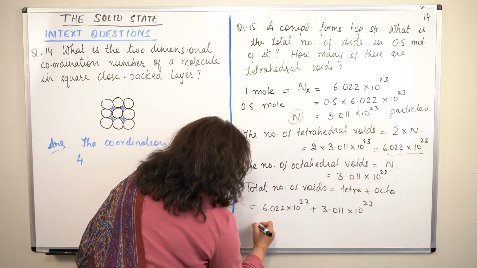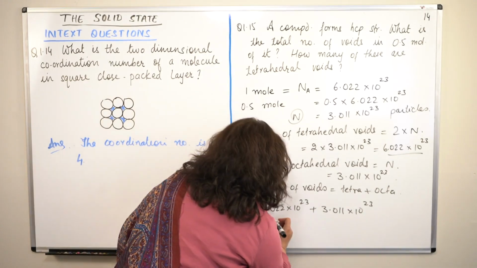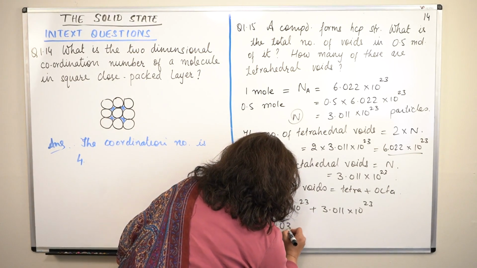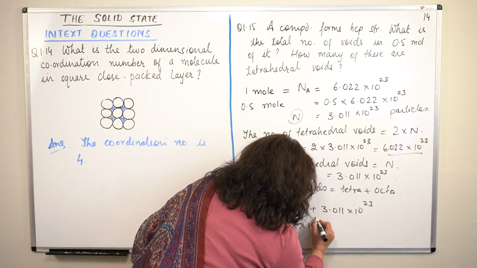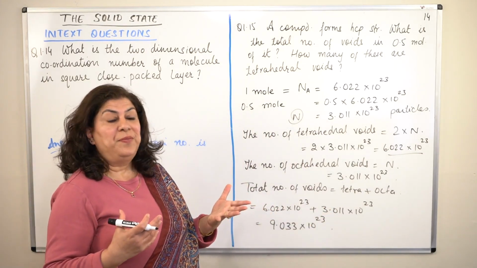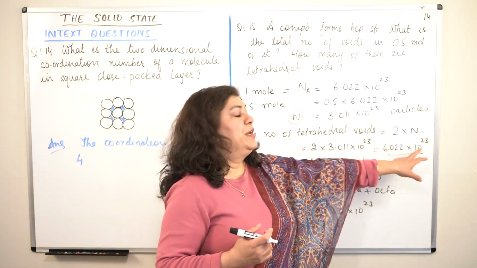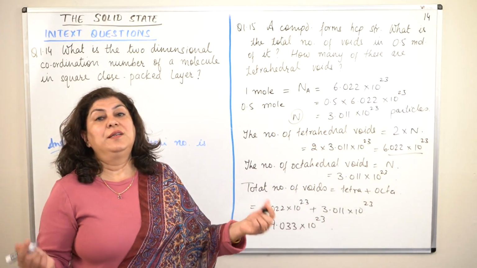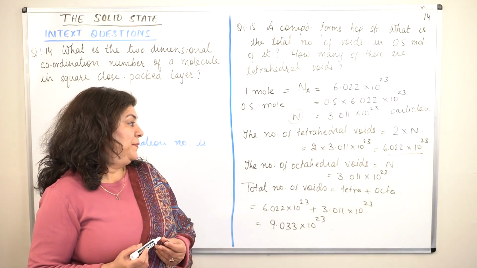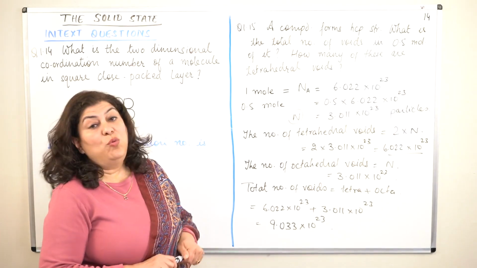So the 10 to the power 23 is common. 6.022 plus 3.011 would make it 9.033 into 10 to the power 23 is the total number of voids. Out of which, how many are tetrahedral? 6.022 into 10 to the power 23 are tetrahedral voids. Right, so this was question 1.15.